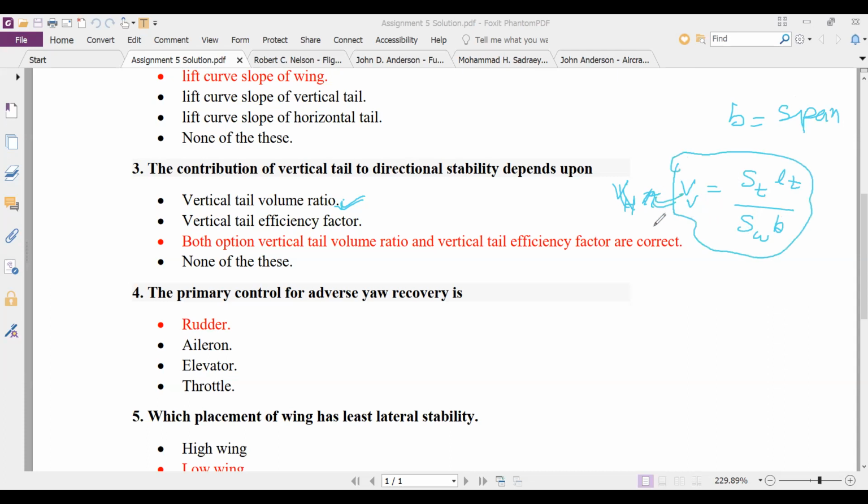But sir, I think it is a span, mid span of the vertical stabilizer. I've seen in some picture.